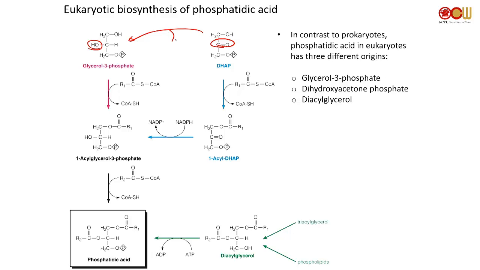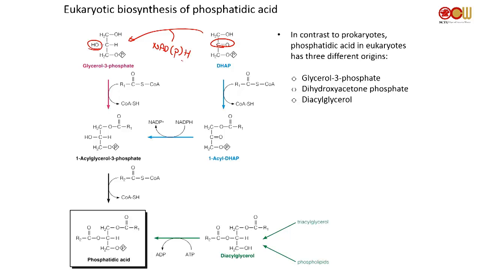Ketone to alcohol, very commonly seen. How do you turn a ketone into an alcohol? NADH. So you do a simple reduction. I'm just going to call it NADPH because I don't know exactly if it's NADH or NADPH, but it requires a reducing cofactor.